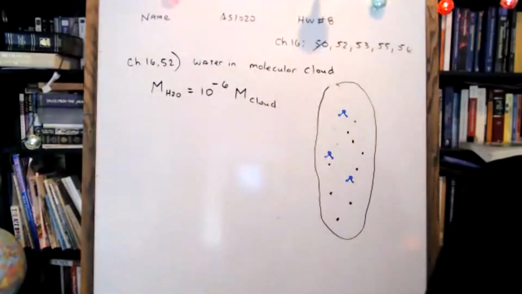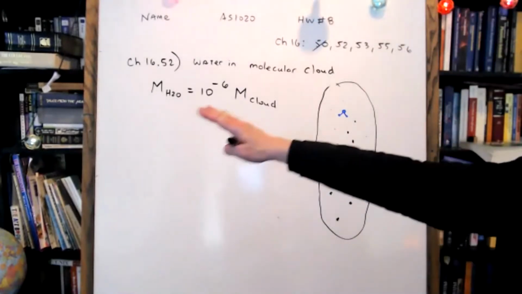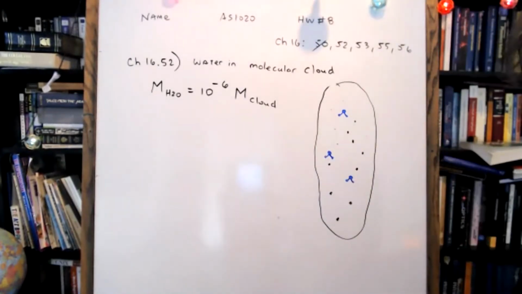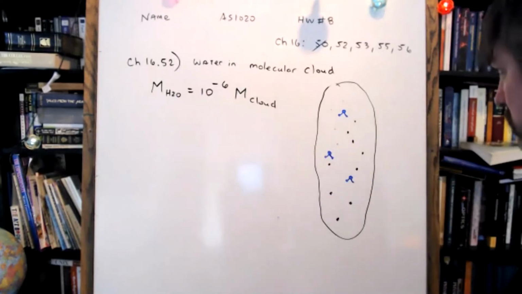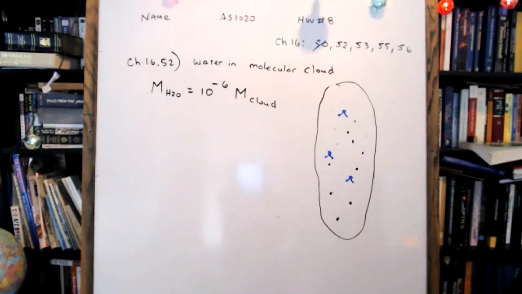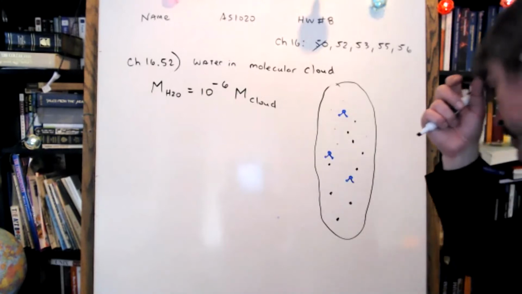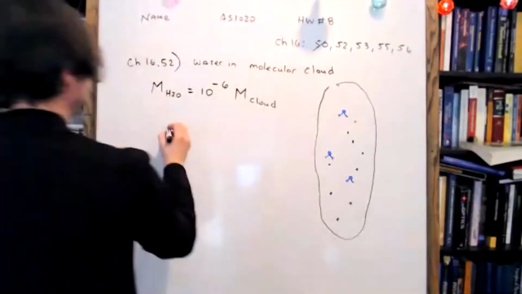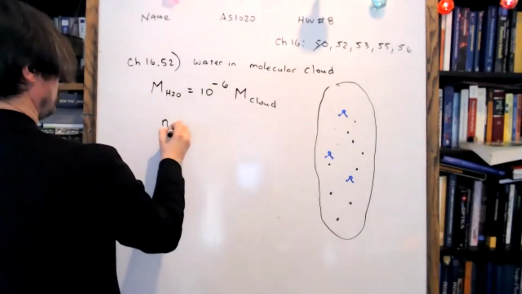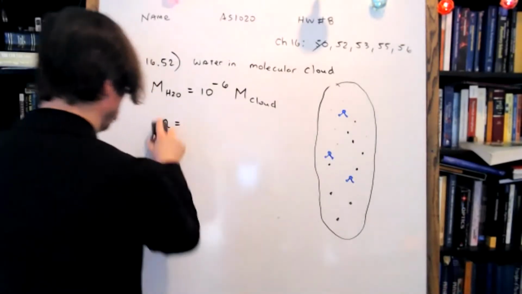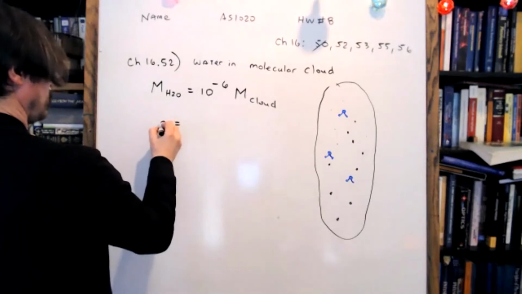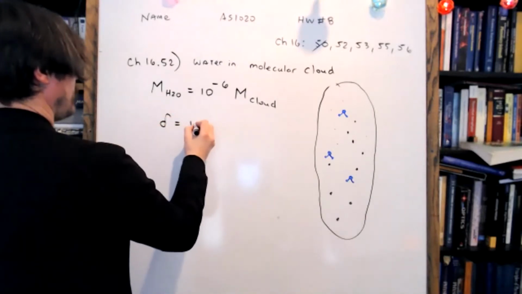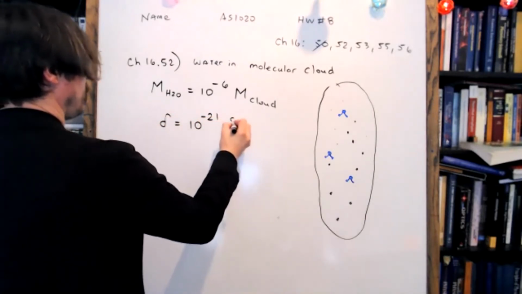Okay. Where was I? You could start with the mass of water being a millionth of that. The cloud forms. And the mass density of such a cloud is roughly 10 to the negative 21st gram per centimeter cubed. It's 3, just in case I said the wrong one.